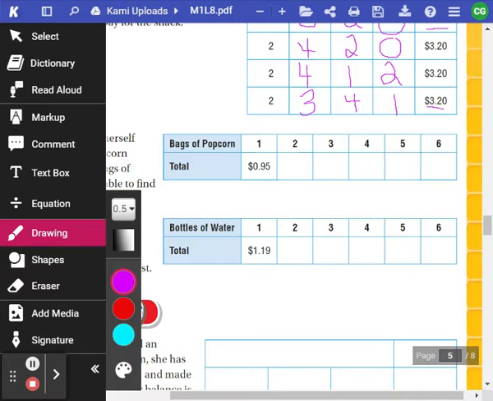I regroup. 1 plus 1, 0 plus 0 plus 0 equals 1. So that would be $1.90. And that will come over here, to put my little dollar sign.